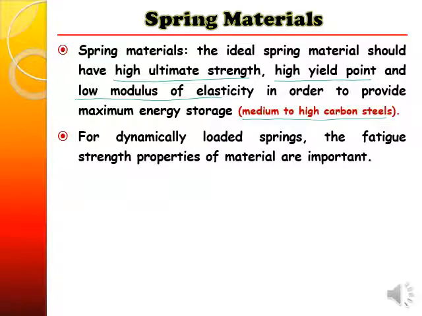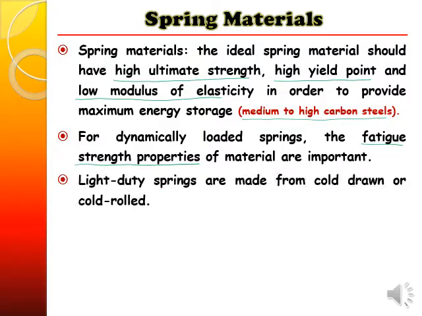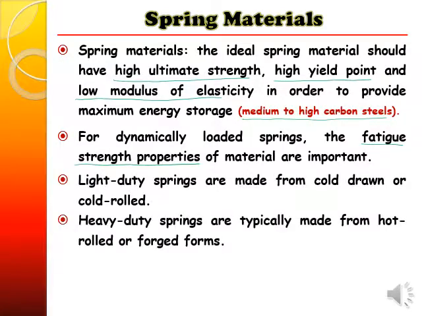For a dynamic case where the load is dynamic, like fatigue, we want fatigue strength properties to be important. And then based on the type of the duty, light duty or heavy duty: light duty springs are made from cold drawn or cold rolled, while the heavy duty springs are made from hot rolled or forged forms.